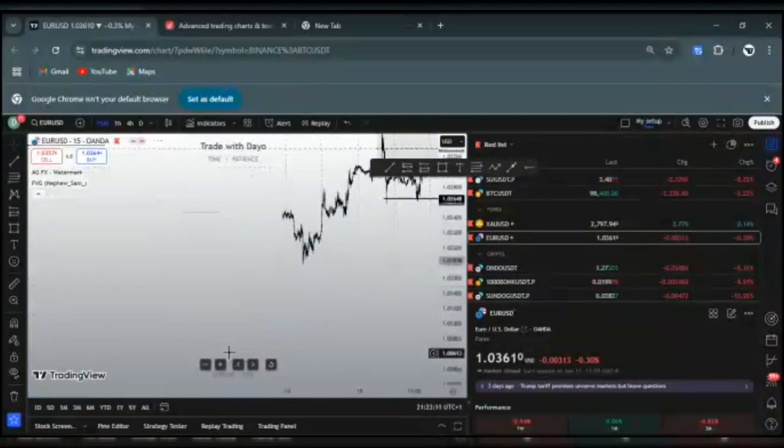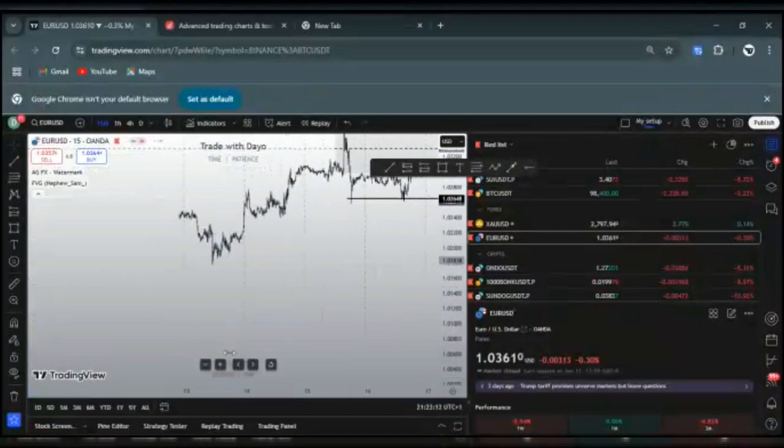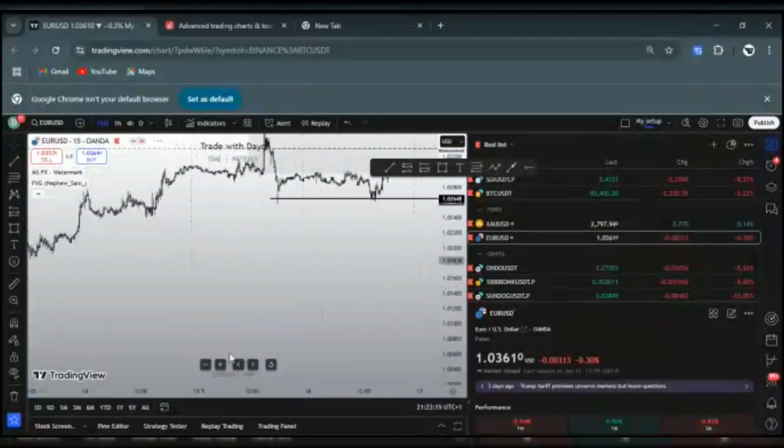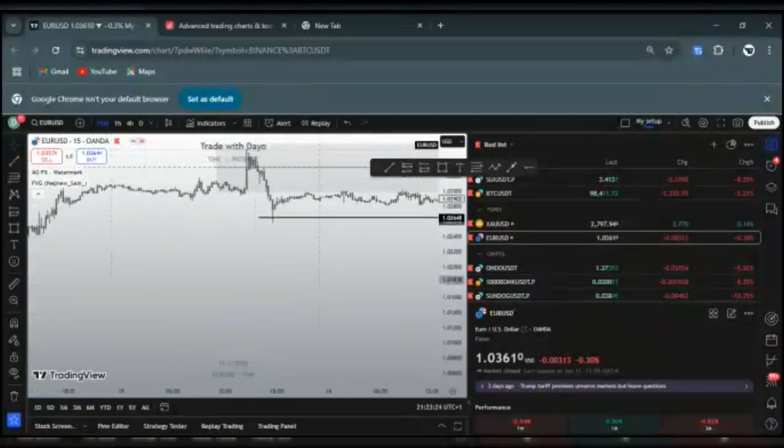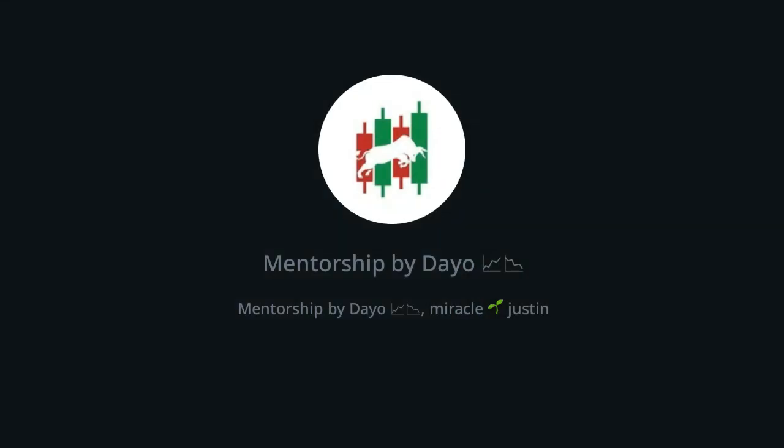Then after zooming it to like 15 minutes, check the bar below. You'll be seeing a lot of time below the bar.